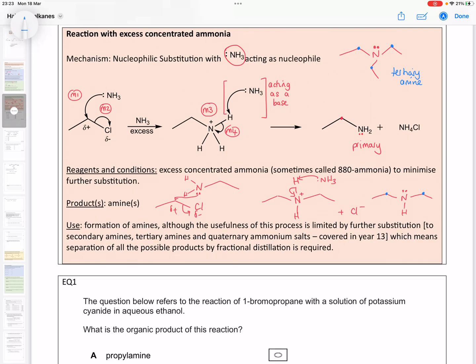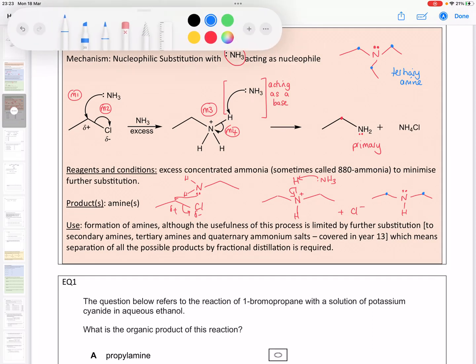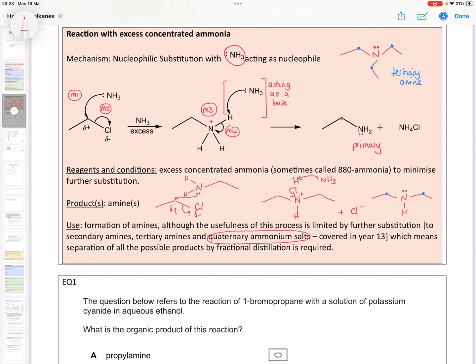And so finally we can make one more substitution, and this makes this thing here a quaternary ammonium salt. This is now carrying a positive charge. There is no lone pair.